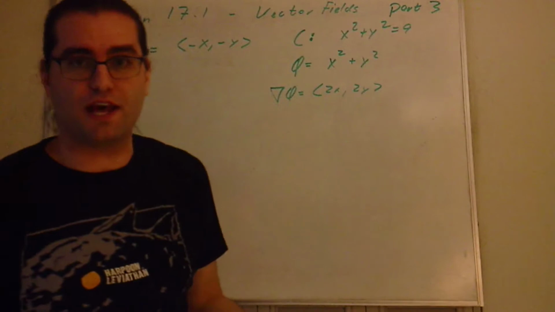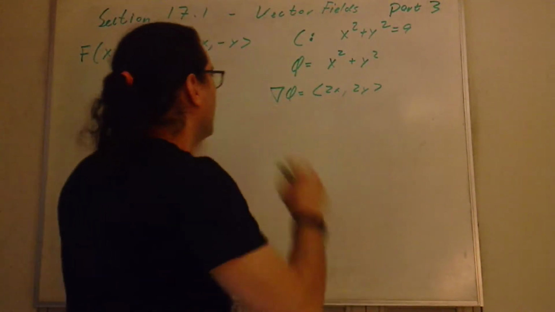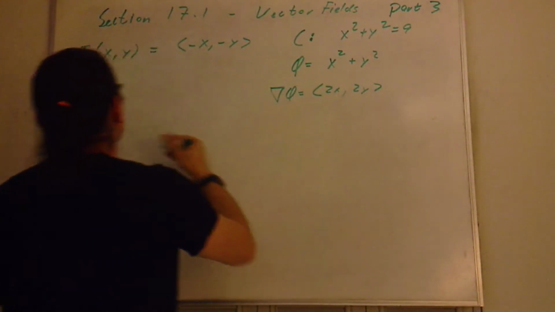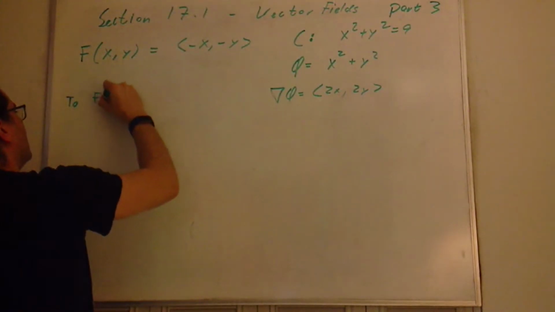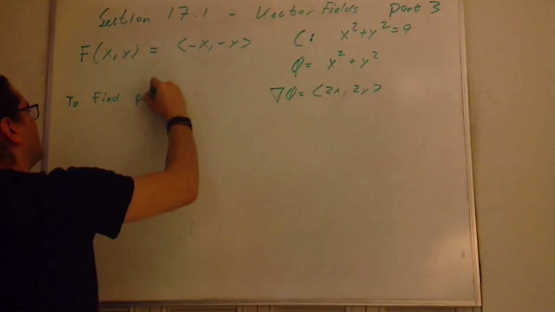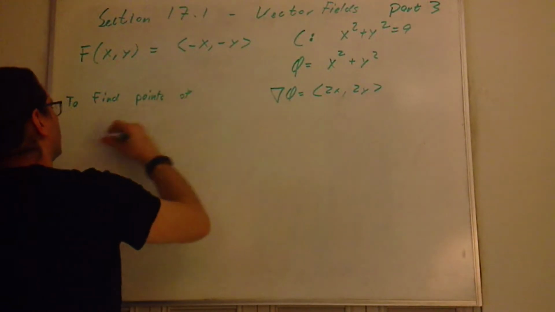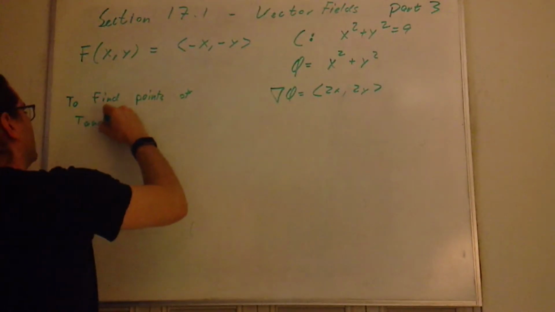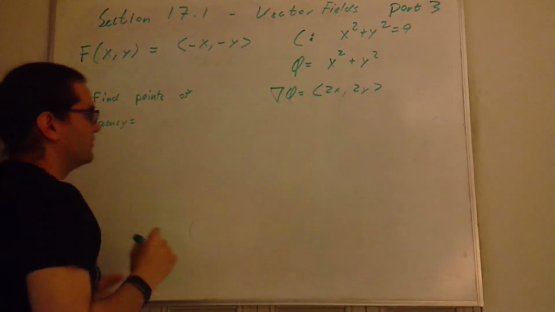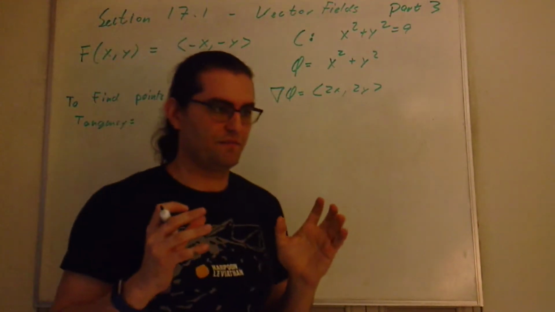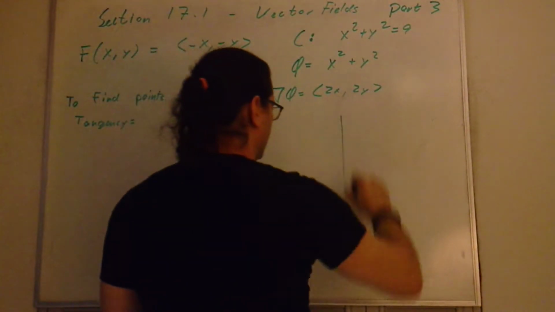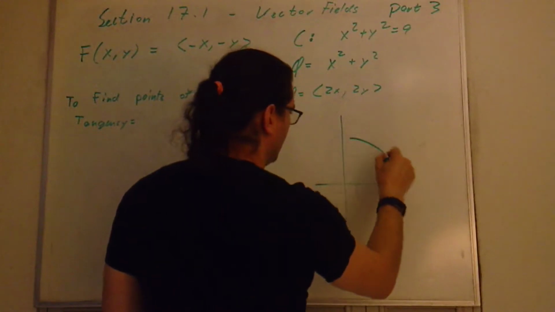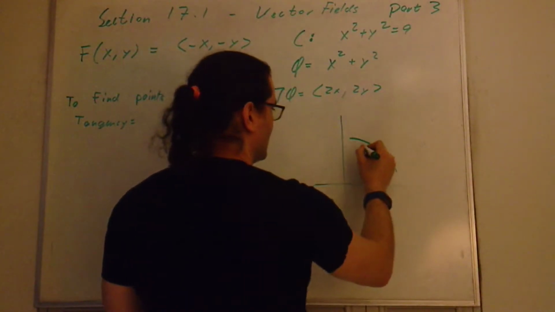And we can use that to find points of tangency. So if it's tangent, the vector field, here's my circle. This is the curve C.